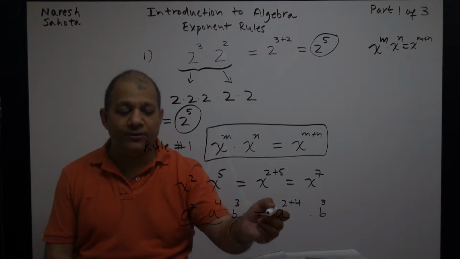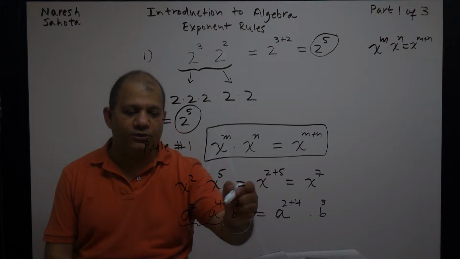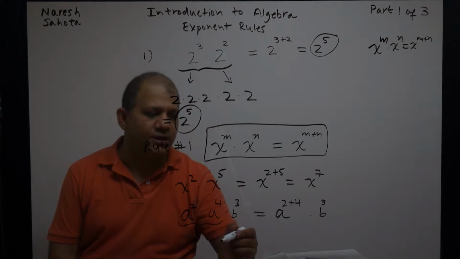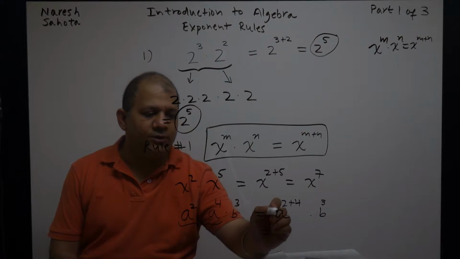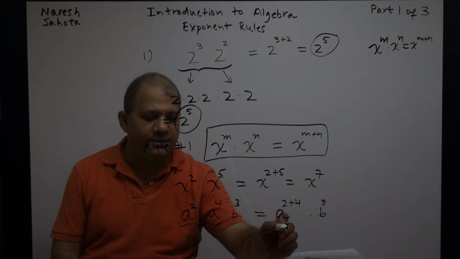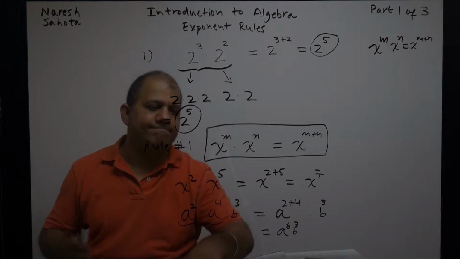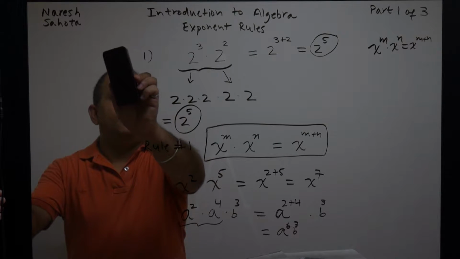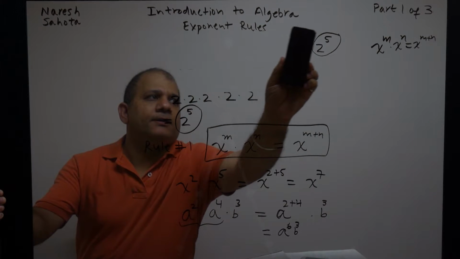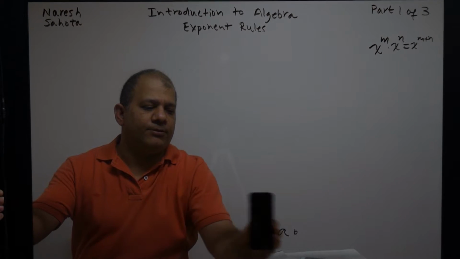There isn't any other base b term that is being multiplied, so this just gets copied. So at the next step, we can simplify the exponent. So this is a to the 6, b to the 3. So that's the final answer. Okay. So now let's look at rule number 2.